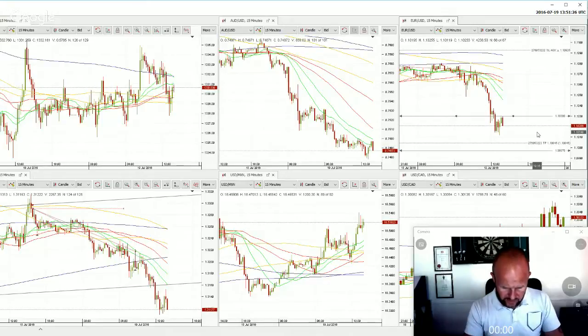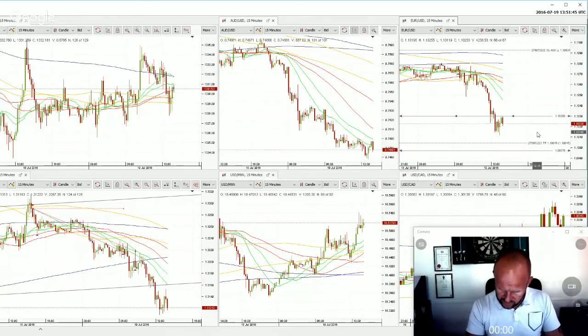Knowing the levels that are supported by volume are much more valuable than drawing fibs.